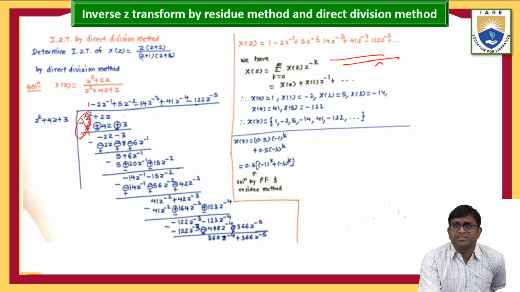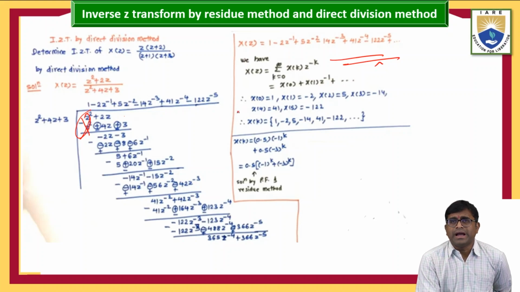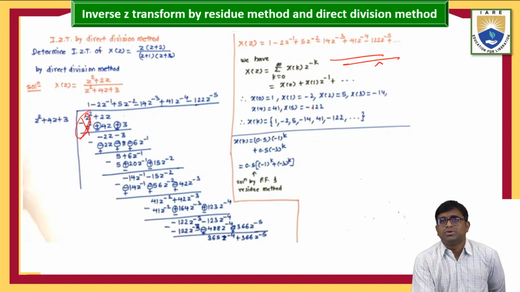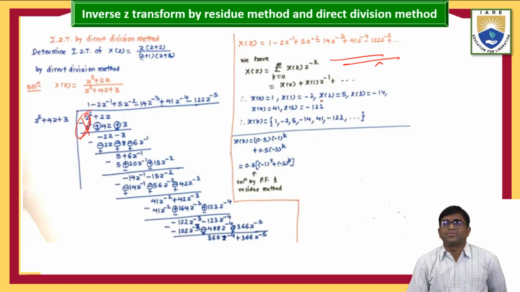If we expand this one, what happened? X of 0 plus x of 1 z power of minus 1 plus x of 2 into z power of minus 2, like this we are going. Okay, so x of 0 equals 1. And x of 1 equals minus 2. X of 2 equals 5. If you substitute these values.